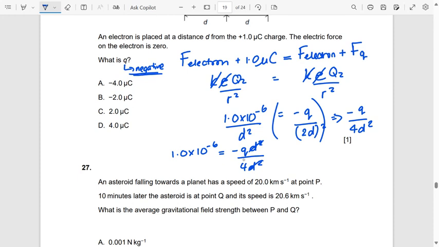So I can see that quite easily, I go backwards, 4 times 1.0 times 10 to the minus 6 equals negative Q. So Q equals negative 4 times 10 to the minus 6 coulombs. So Q equals minus 4 microcoulombs.